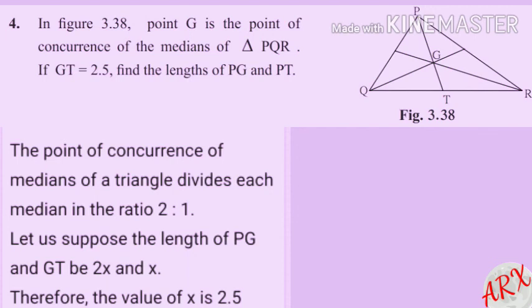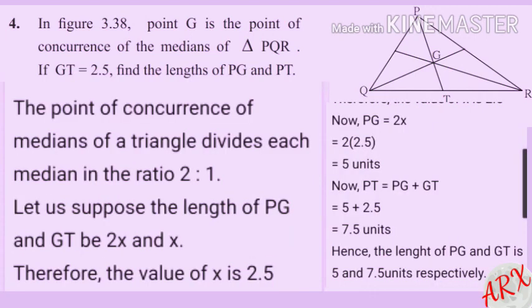So let us suppose the lengths of PG and GT are 2x and x. Therefore, the value of x is 2.5. Now PG equals 2.5 into 2, that is 5 units. Now PT equals PG plus GT. Therefore, PT equals 5 plus 2.5, that is 7.5 units.